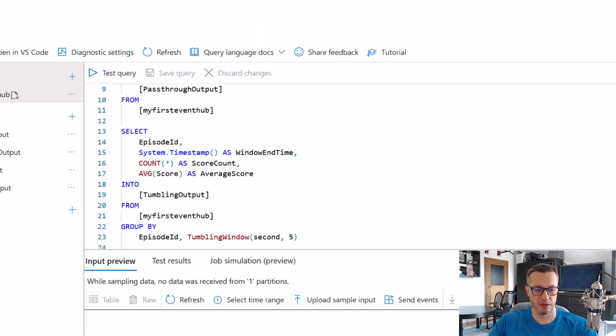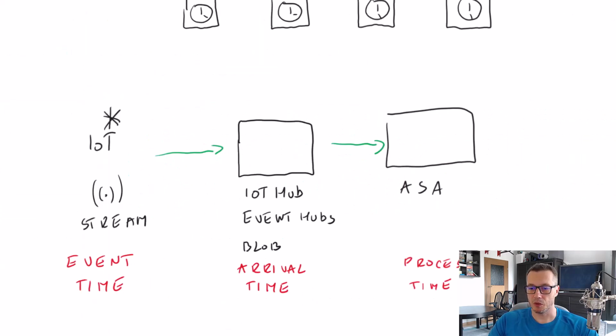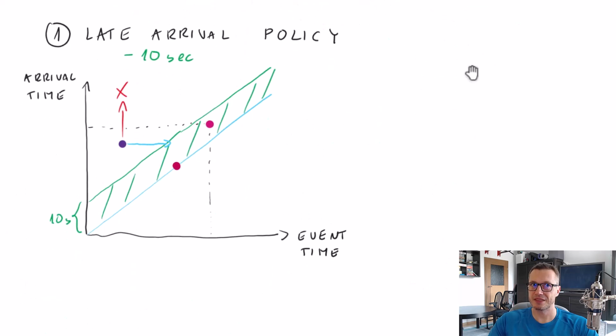But what Stream Analytics will do is simply adjust the value that is returned by the system timestamp property, right? So it would look as if this event was generated at the proper time.